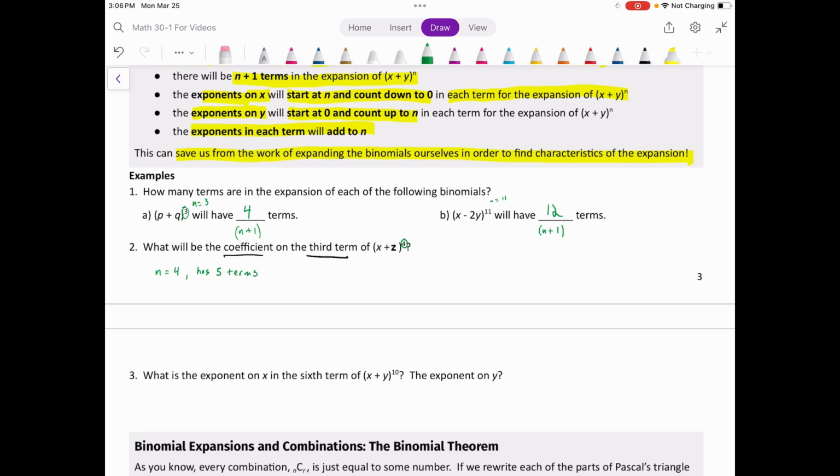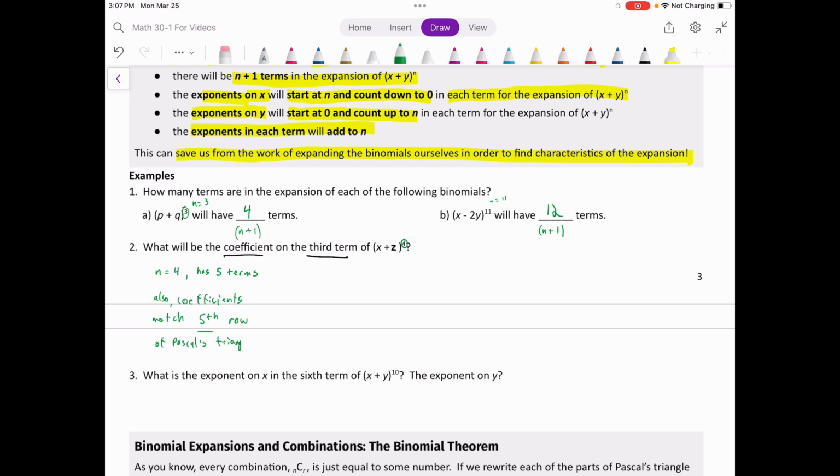But also, we know that the coefficients in the expansion of a binomial to the power of n will match the n plus 1th row of Pascal's triangle, right? Again, that just means here, well, this n is 4, so the coefficients match the 5th row, which is just the n plus 1th row of Pascal's triangle, right?